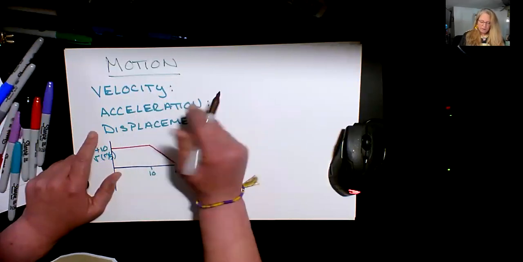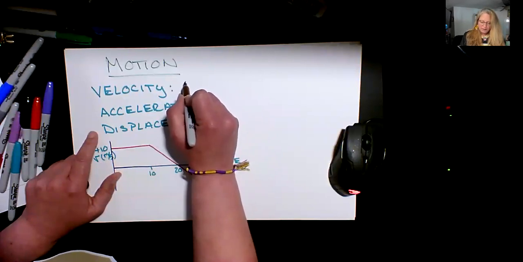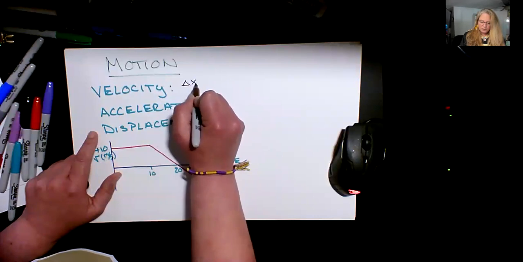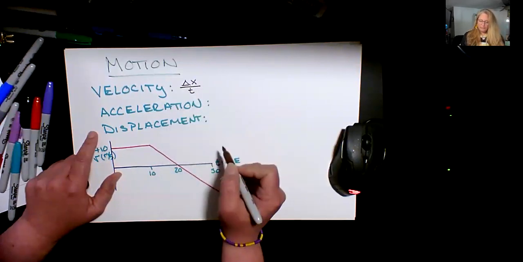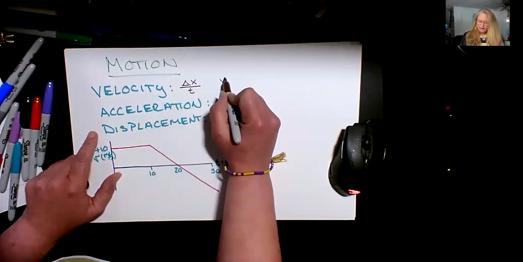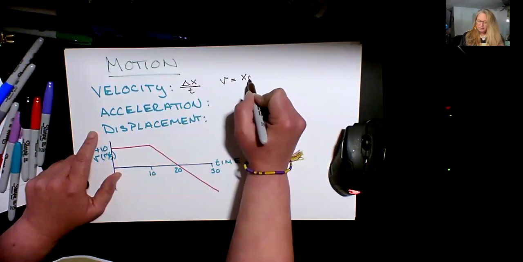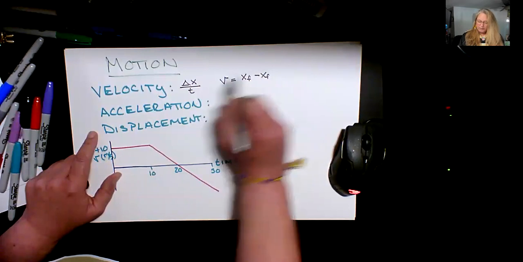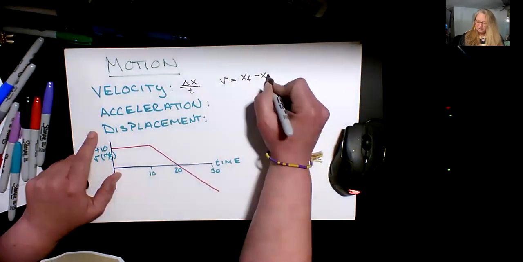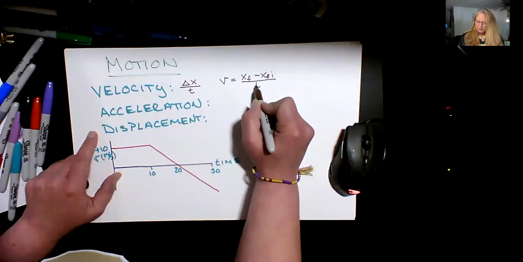So let's remind ourselves that velocity is a change in position with respect to time. Explicitly, I can write that velocity equals a final position minus an initial position, because this little delta always means final minus initial, over the amount of time it took to get there.